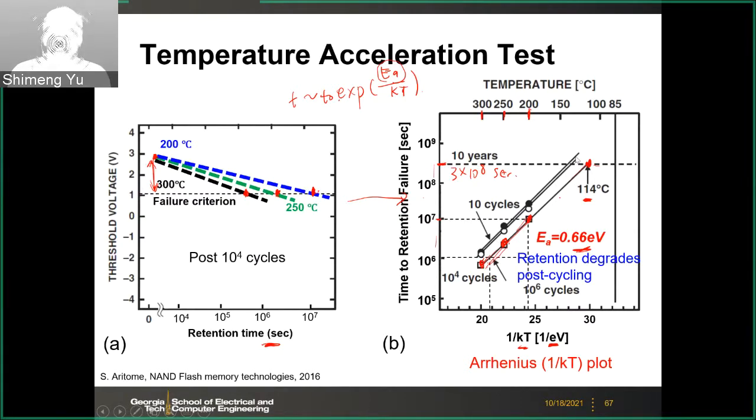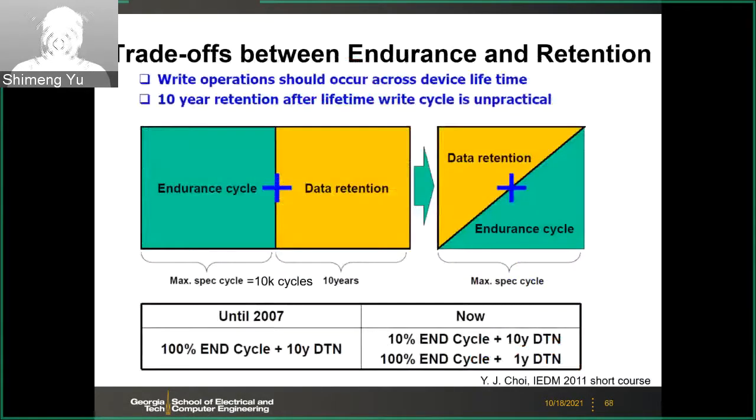Basically there is a trade-off between the endurance and the data retention. Endurance is how many cycles you can write the data into the memory, and retention is how long you can maintain the data. So there is a trade-off.